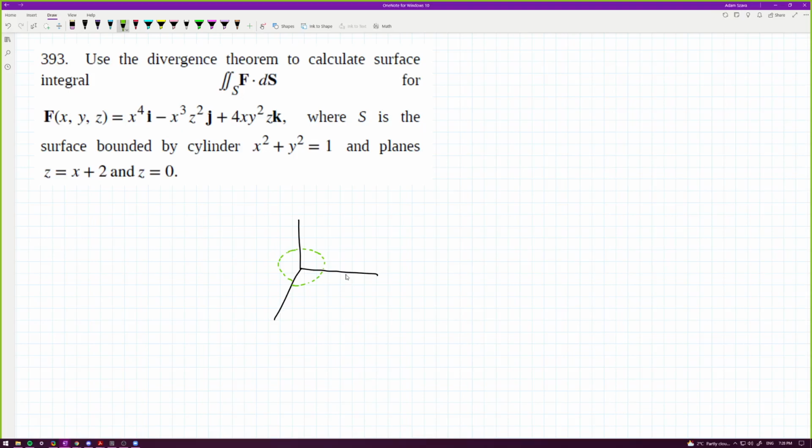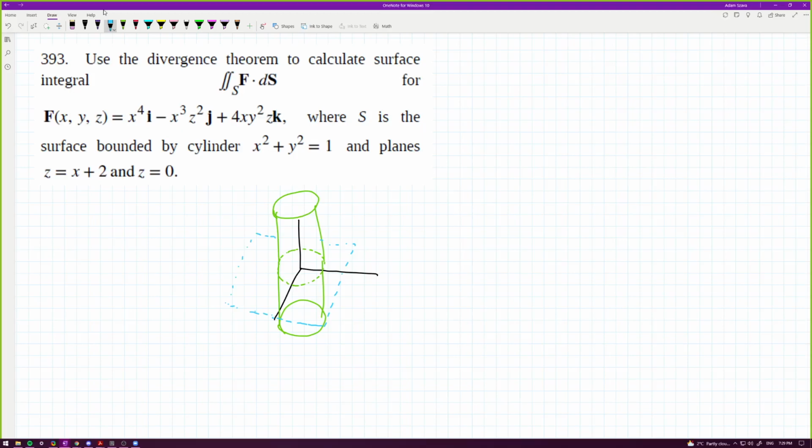That's not bad. And it's going up and down, obviously. And so there's a circle like that. There's our cylinder. It is bounded by two planes. It is bounded by this plane, z equals 0, right?